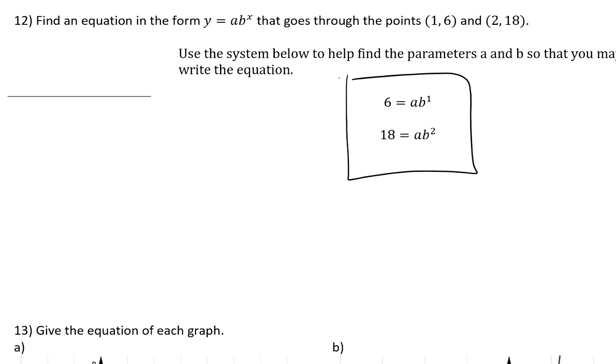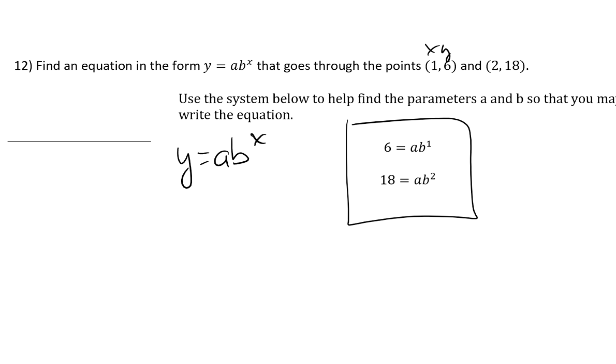And what I'm doing is I'm essentially taking y equals ab to the x power, and I'm using, for example, the x and the y from the first point, plugging in x is 1 and y is 6, and using the x and the y from the second point, plugging in x is 2 and y is 18, to come up with this system of equations.